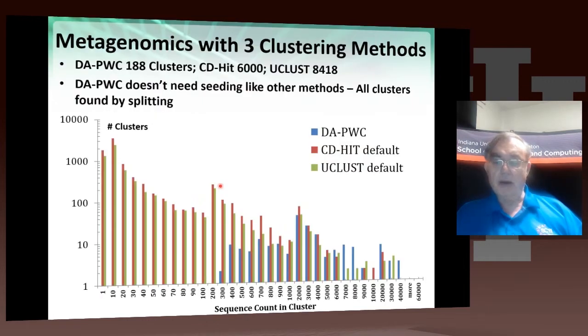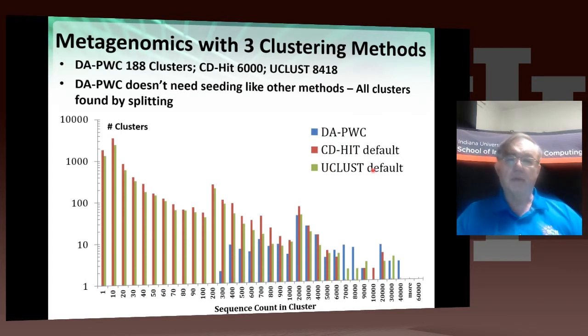Here is a comparison of our clustering technology with other clustering methods, and the blue one here is the spectrum of the clusters, which we got from our technology. And here we have various other methods, so-called CD-HIT and UCLUST.